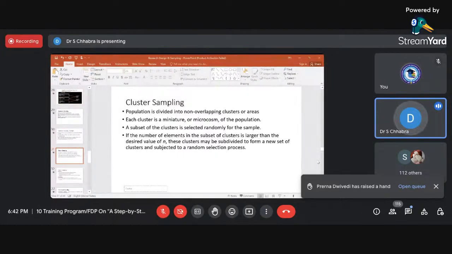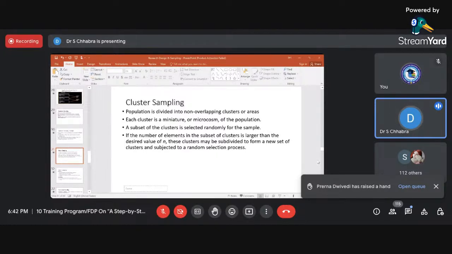Now that's where cluster sampling comes into play. Say for example, forget about whether I have picked that up as part of my research. I want to do a study of customer satisfaction in Indore city, or in the city that you live in, Vadodara, whichever city. So what should I do? I should pick up a representative sample.